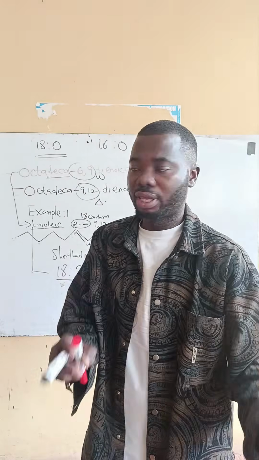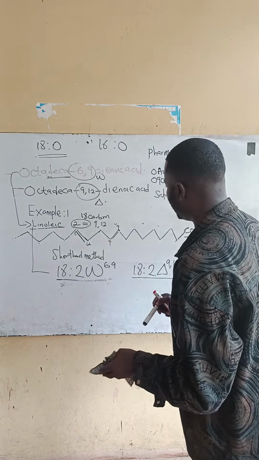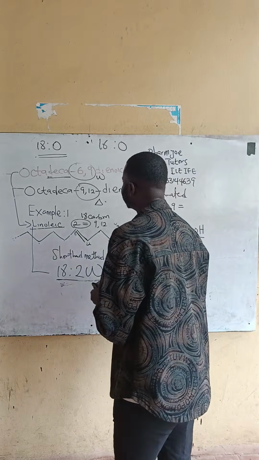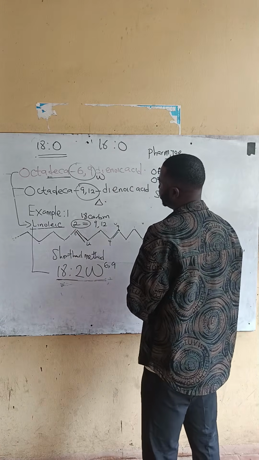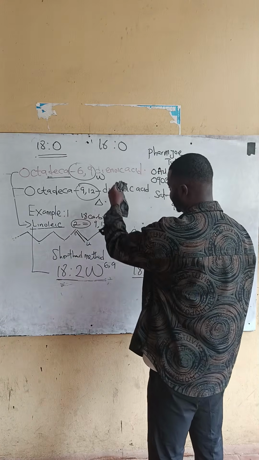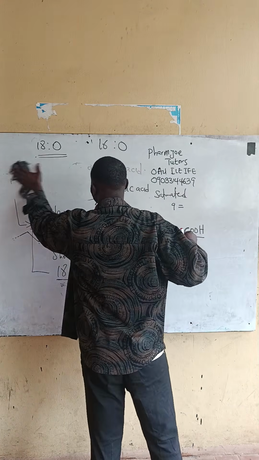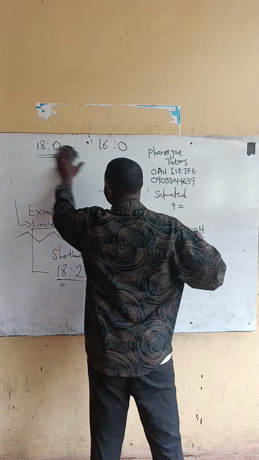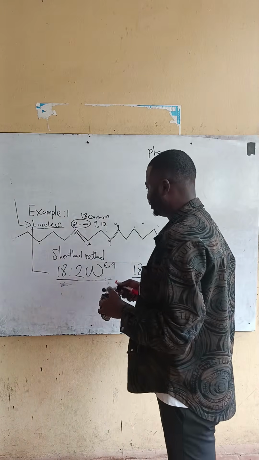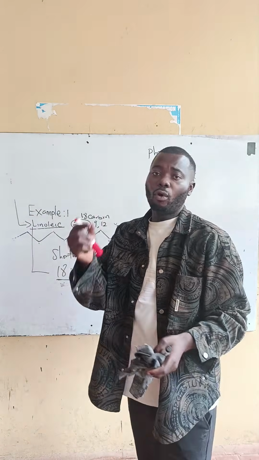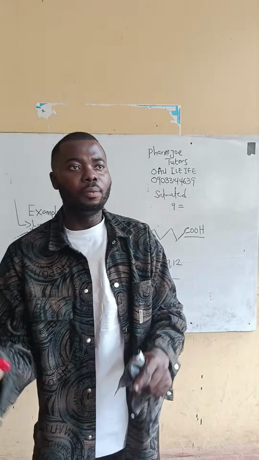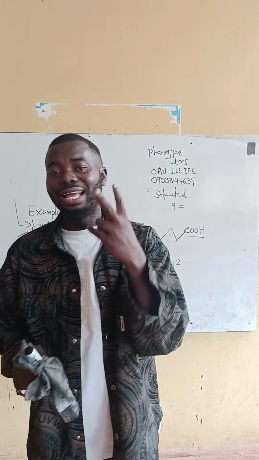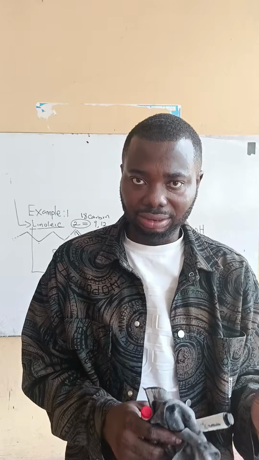And I want to teach you how to locate them, omega-3 and omega-6. How do we go about that? Very simple. So write it down: omega-3 and omega-6 are the two essential fatty acids.